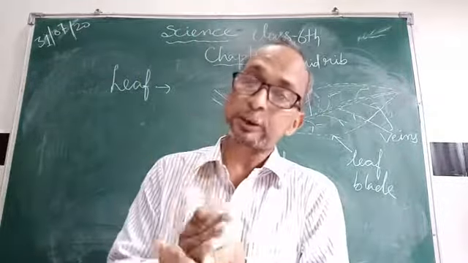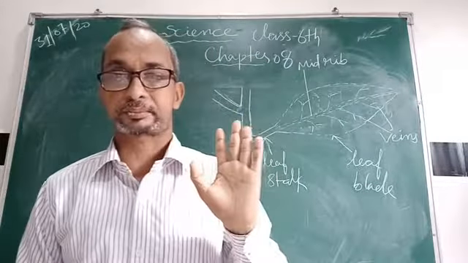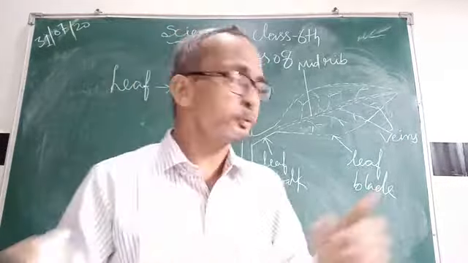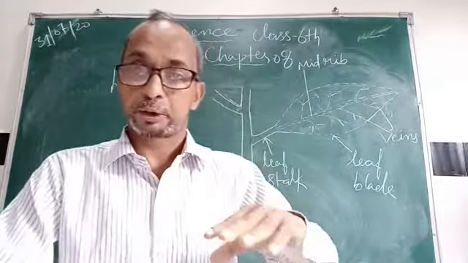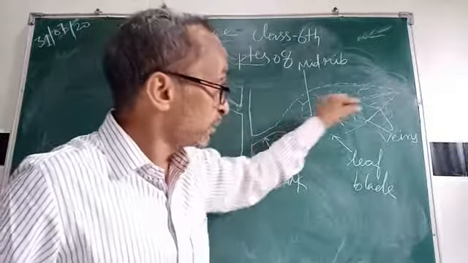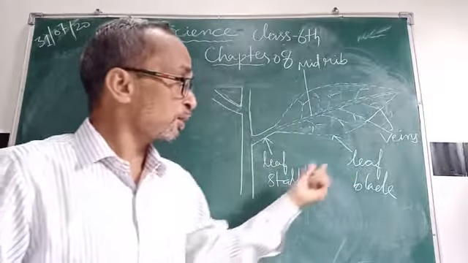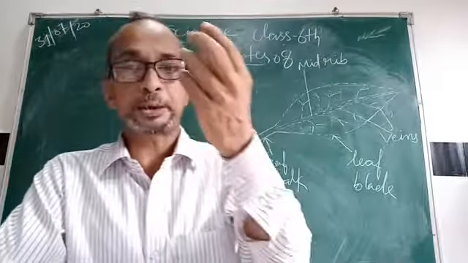Due to the presence of chlorophyll, the color of leaves is always green. And due to the presence of stomata, gases go in and out of the leaves. So leaves have a midrib, leaf stalk, leaf blade, stomata, and chlorophyll.